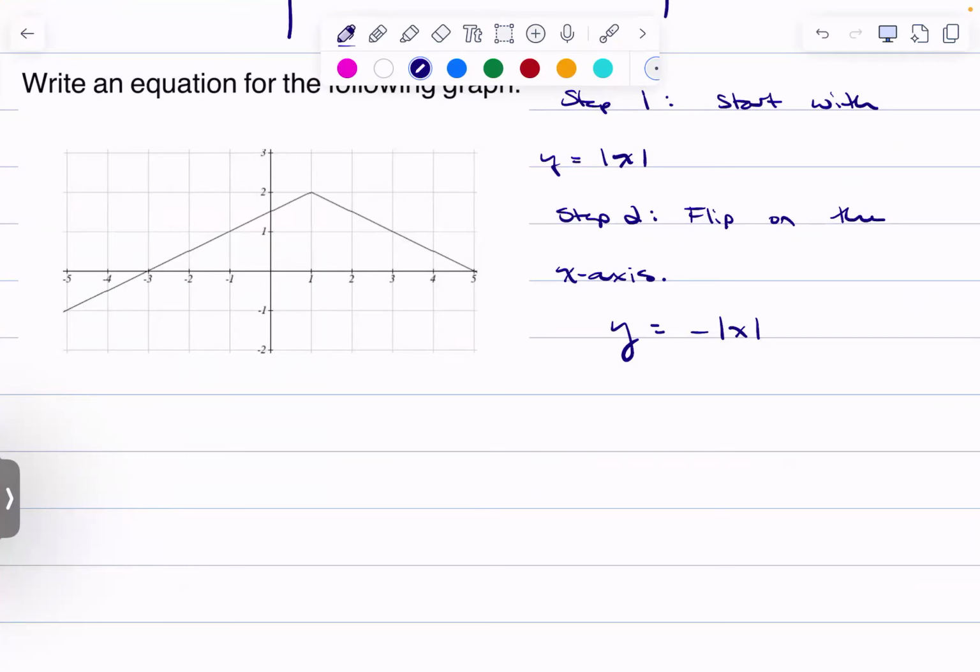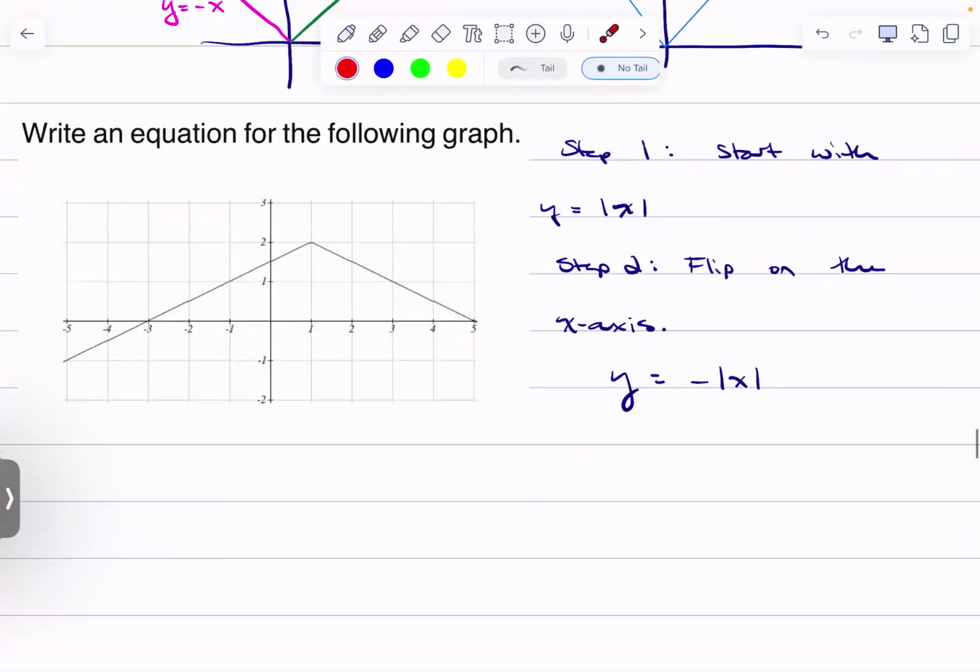Let's tackle the slope. Absolute value of x has a slope of 1. Even negative 1 times the absolute value of x. But here I suspect that this doesn't really look like a slope of 1 anymore. And so how can we pick that apart?